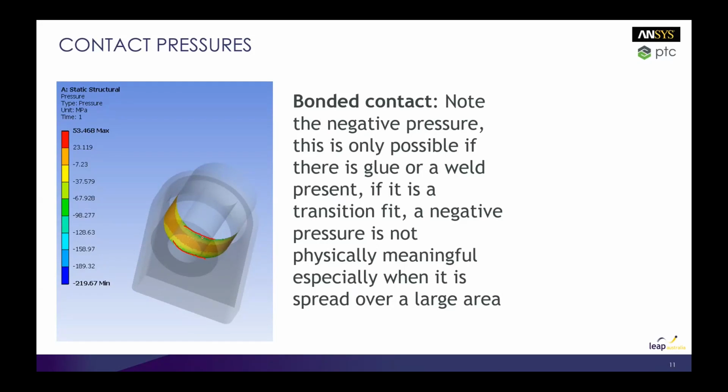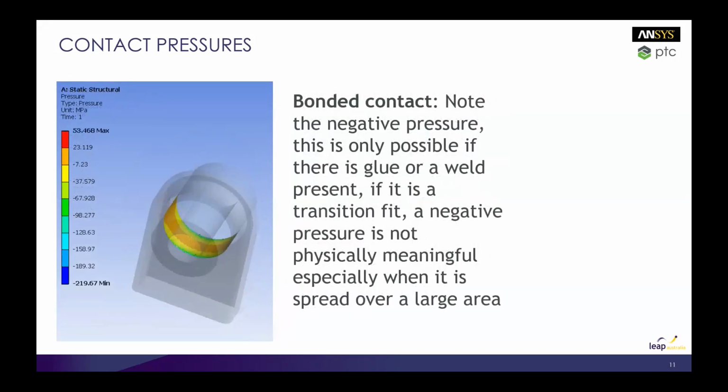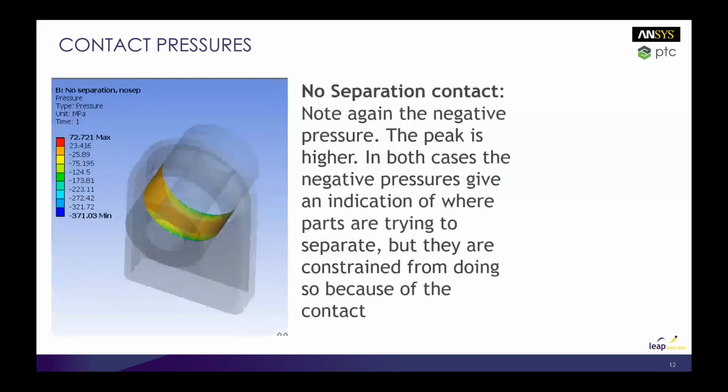Okay, with a no separation contact, again we get a high negative pressure, but you can see the peak pressure is higher. They're still trying to pull away from each other, so it's again indicating where they're trying to separate.